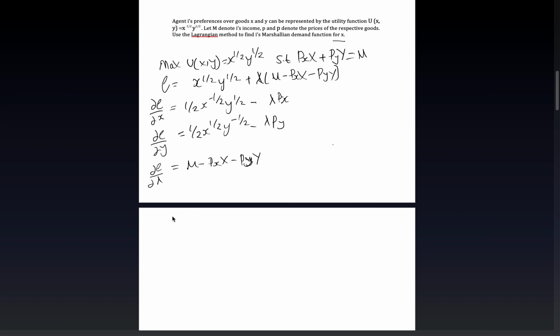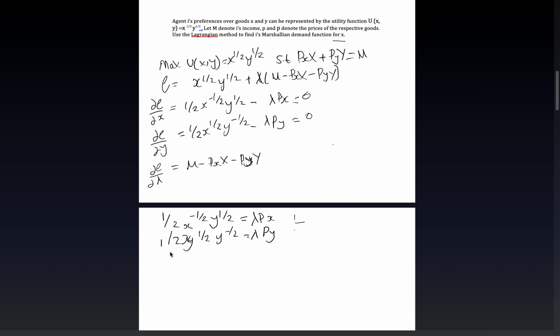So to work out y, we can just divide one function by another. I just moved this to the other side because minus, it should really be this. So then we have half of x to the negative half, y to the half, equals lambda times price of y.